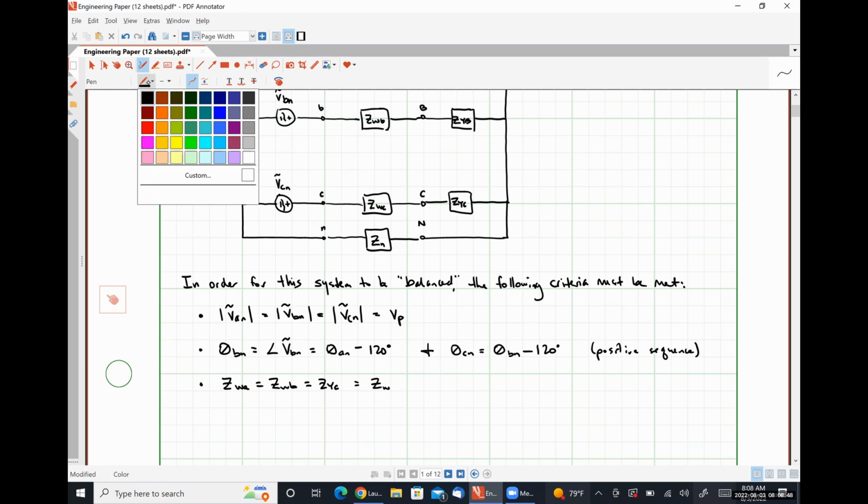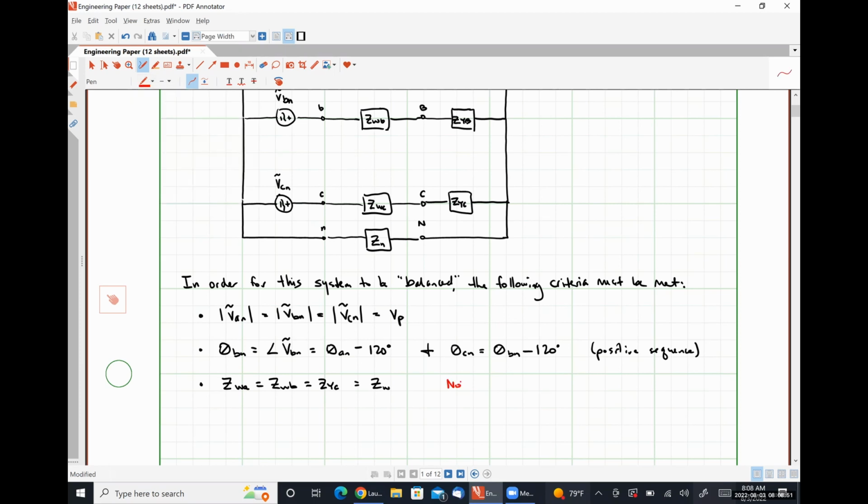So I'm going to make a note out here to the side. Zn does not have to be equal to ZW to maintain balance, okay? It doesn't hurt anything if it is, but it typically is not, and I'll explain a little bit why later, okay?